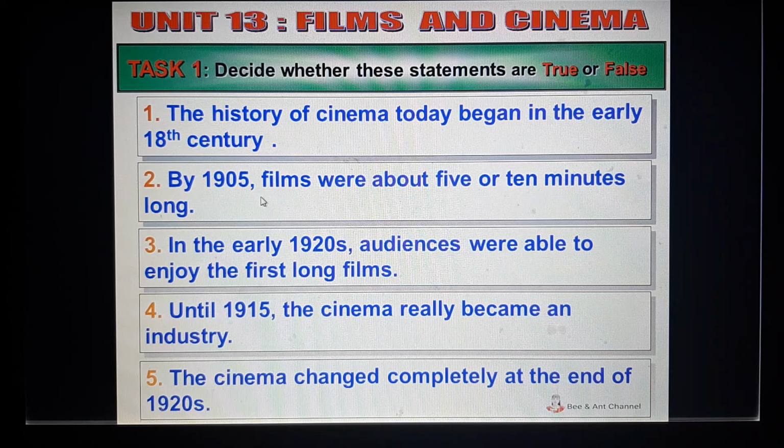By 1905, films were about 5 or 10 minutes long. In the early 1920s, audiences were able to enjoy the first long films. Until 1915, the cinema really became an industry. The cinema changed completely at the end of the 1920s.